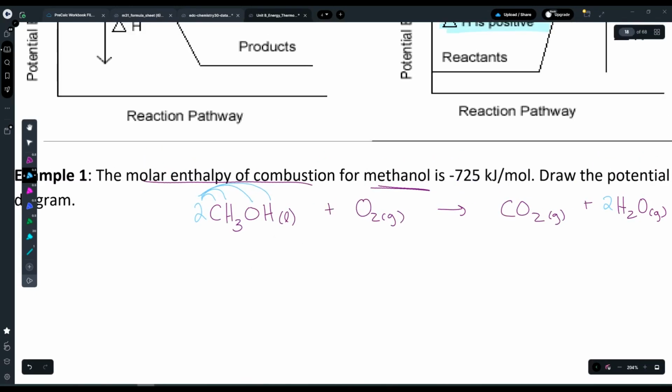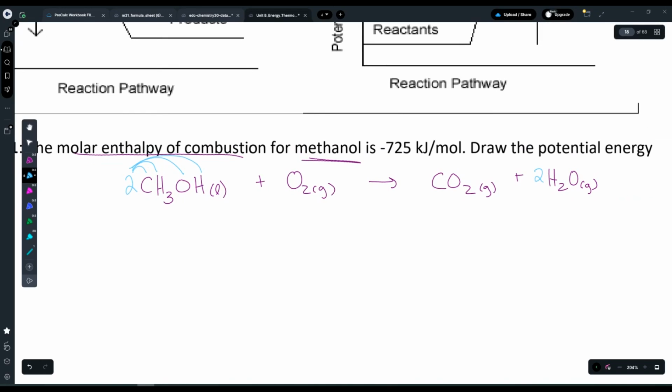So let's just go through again, balancing carbons first, then hydrogens, then oxygens. We have 2 carbons on the reactant side, so I'm going to put a 2 over here to make sure I have 2 carbons coming out. For hydrogens, we had 4 hydrogens times 2, so we have 8 hydrogens.